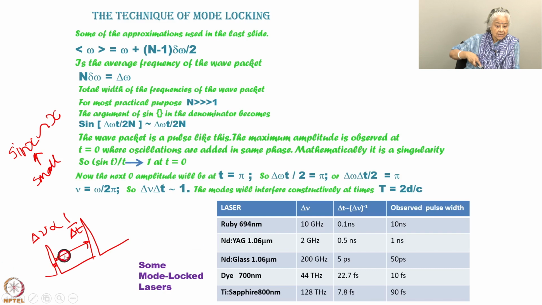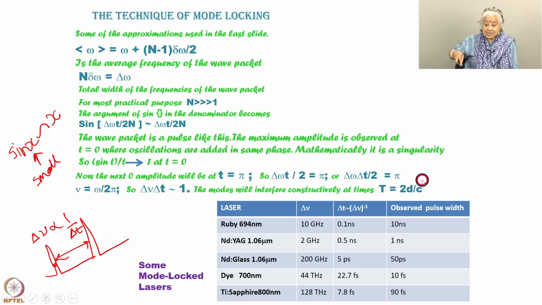This is the time between two pulses, but the width of each pulse is just this much, which is given by delta nu proportional to 1 upon delta t, or delta nu delta t equal to 1. This will give you the width of the pulse, and this will give you the distance between two pulses.